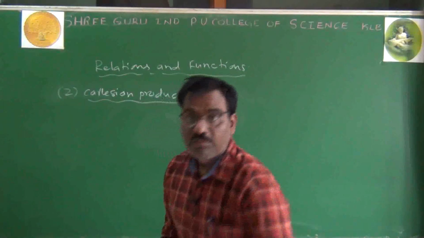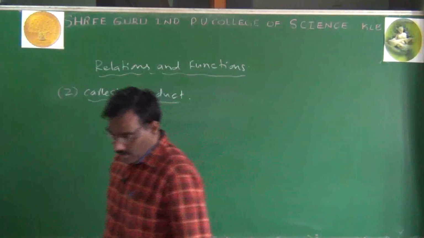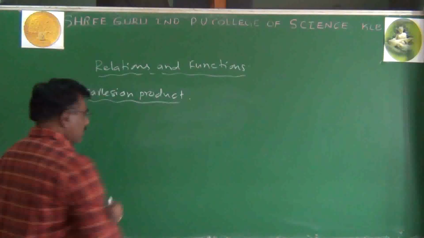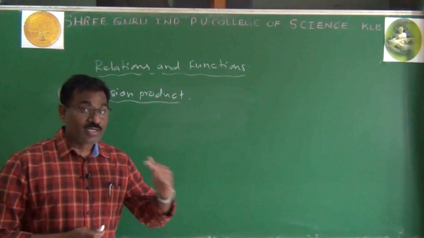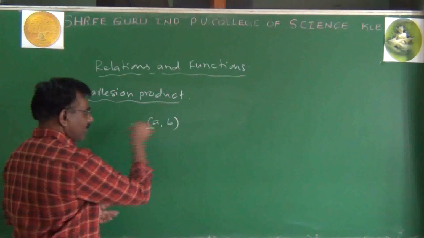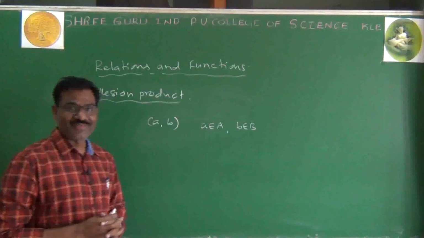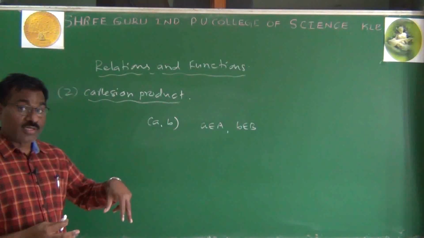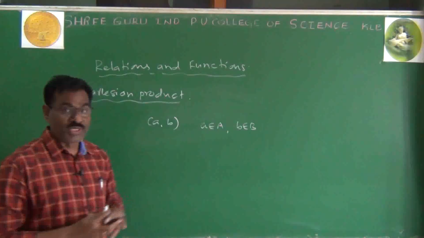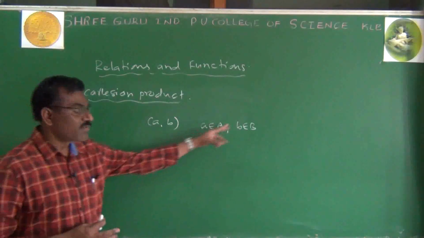What is the Cartesian product of sets A and B? The Cartesian product of sets A and B is defined as the set of ordered pairs (a, b) such that a belongs to A, b belongs to B. This set is called the Cartesian product of A and B.